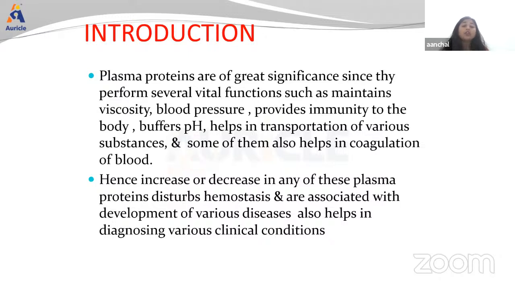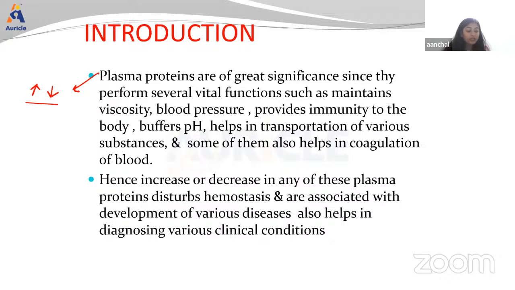An increase or decrease in any of these plasma proteins disturbs hemostasis and is associated with the development of various diseases, and also helps in diagnosing various clinical conditions. Whenever plasma proteins increase or decrease in the body, they directly indicate the presence of a pathological condition, right?